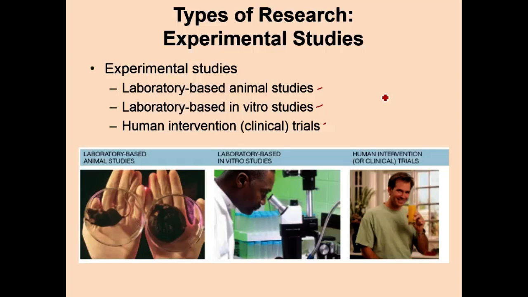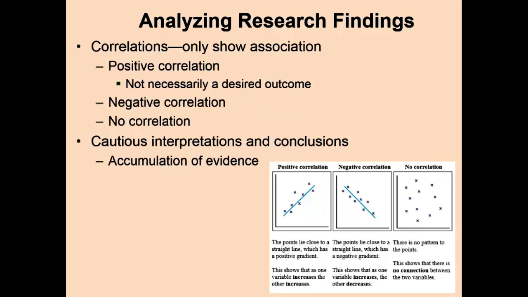In clinical trials, the researchers try hard to manage the treatment or the variable that is being measured. Once a researcher collects all their data, they're going to analyze it statistically and see if anything happened. So we can find correlations.